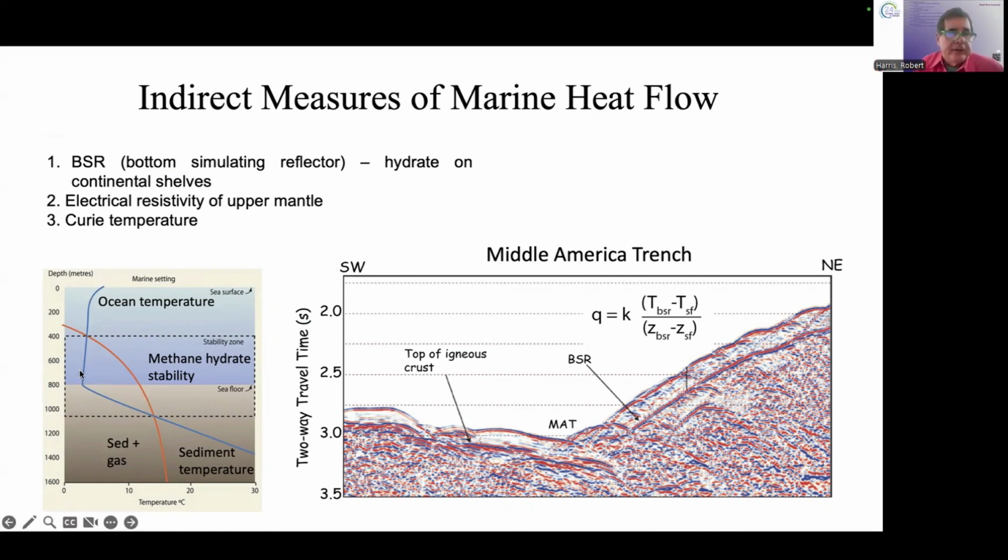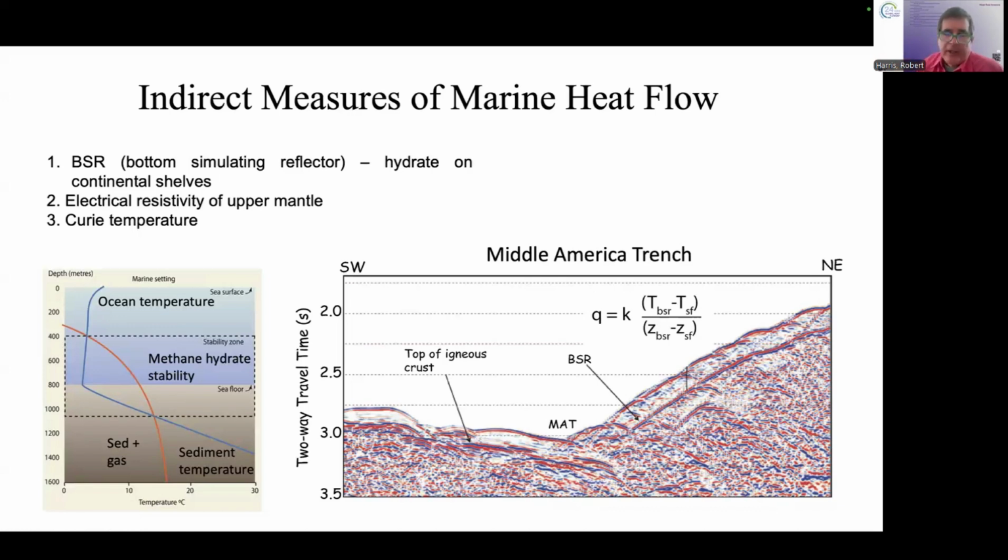And here's ocean temperature and then sediment temperature. Here's the stability for methane hydrate. And so at this intersection is the transition from hydrate to free gas, and it gives a strong seismic impedance because you're moving from hydrate to sediment and gas.